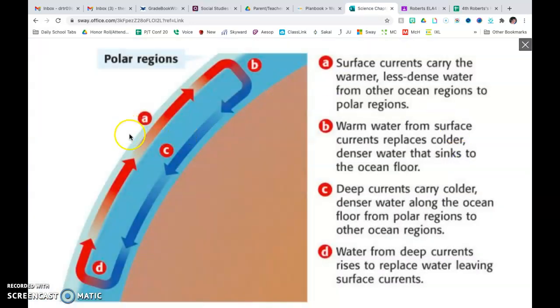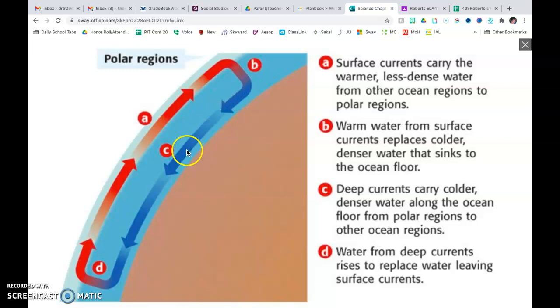All right, so A represents the surface currents, and the red represents warm. Surface currents carry the warmer, less dense water from other ocean regions to the polar regions. And then here you can see it's changing. Warm water from surface currents replaces colder, denser water. Because it's denser, it's going to sink to the bottom of the ocean floor.